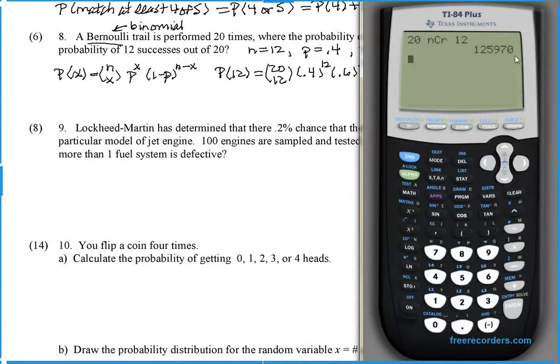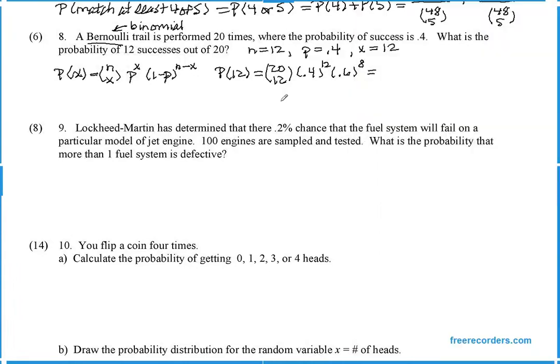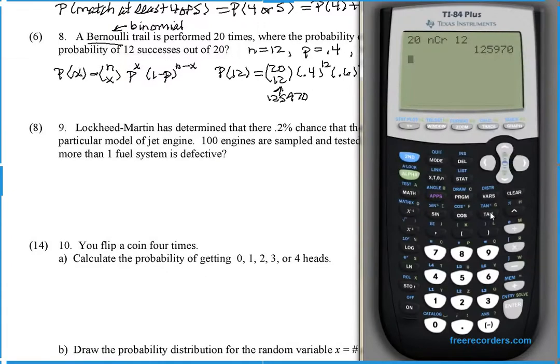So 125,970. So this number here is 125,970. And then we're going to multiply it by 0.4 to the 12th power. And then times 0.6 to the 8th power.